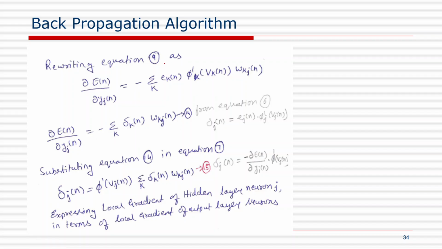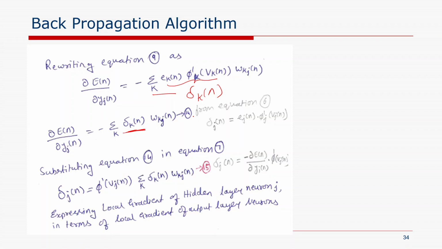Now, rewriting the equation 9, that is what we got seen here. We had this term, but now we will write it in terms of this delta. That is, we will consider now this as our delta term, that is delta k of n. This way we will write this term.